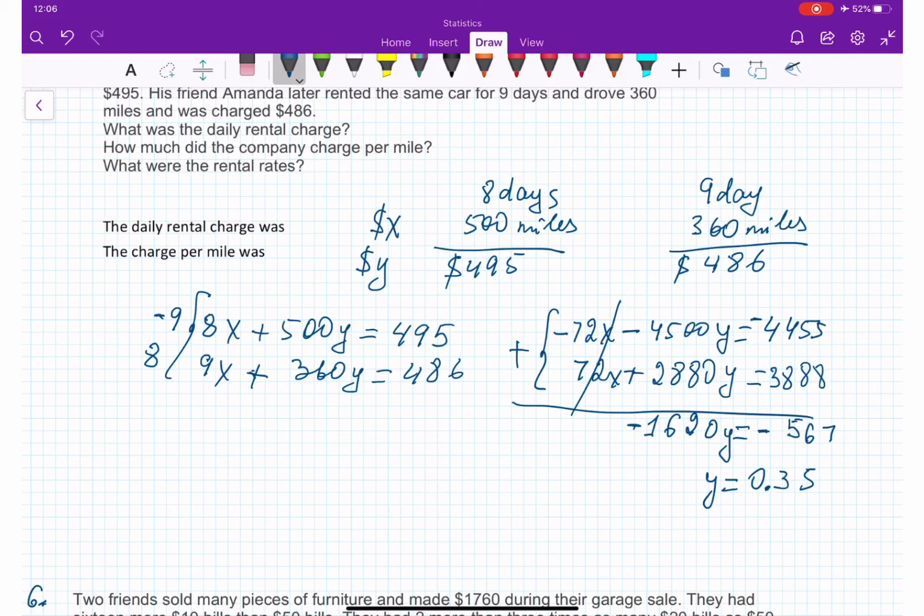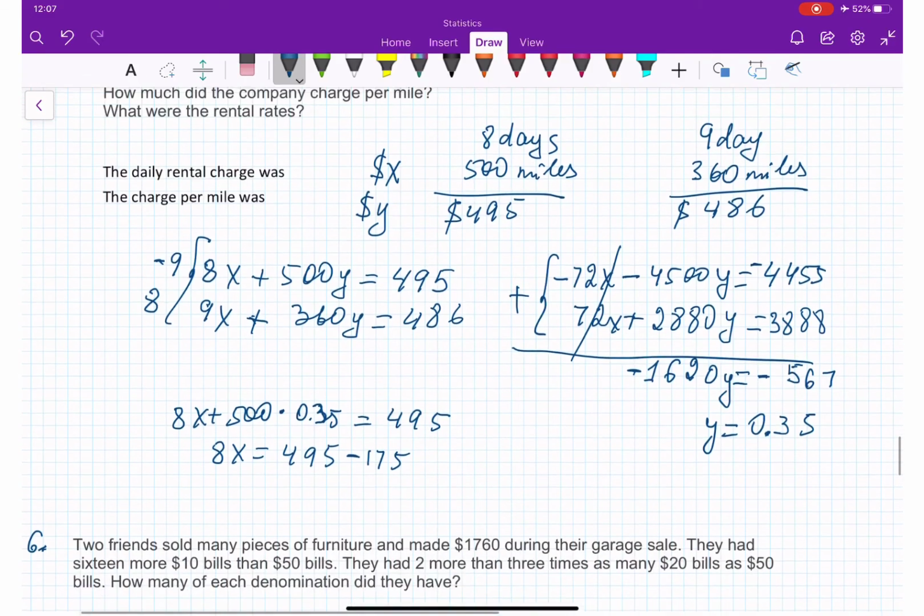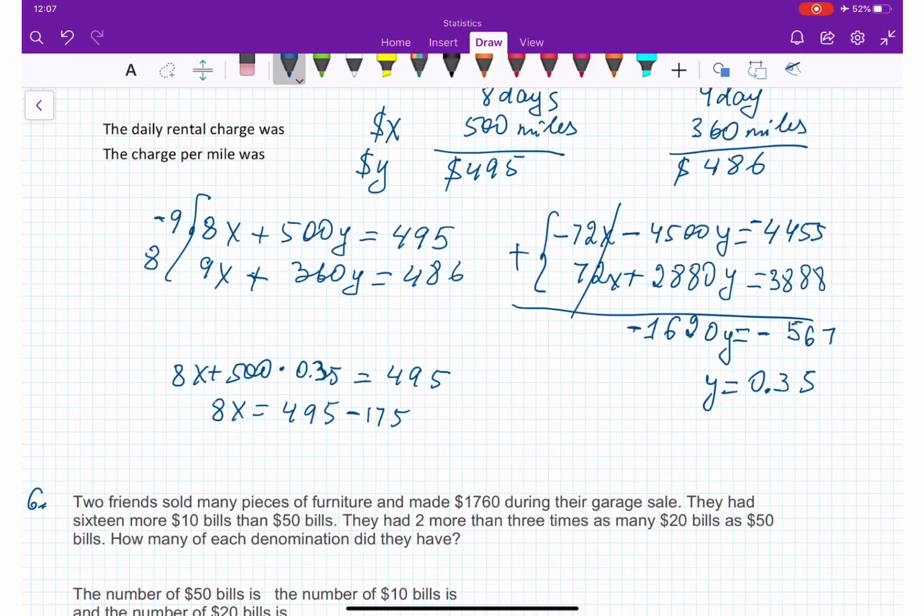Let me plug into 8x plus 500 times 0.35 equals 495. So 8x is equal to 495 minus 175. 500 times 0.35 is 175.